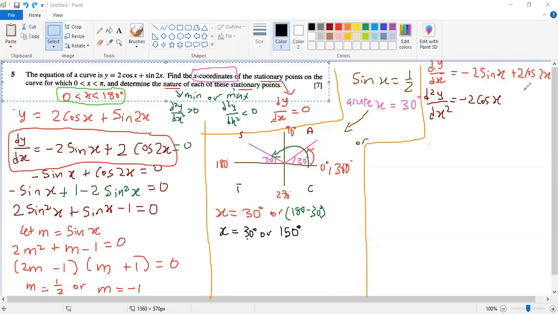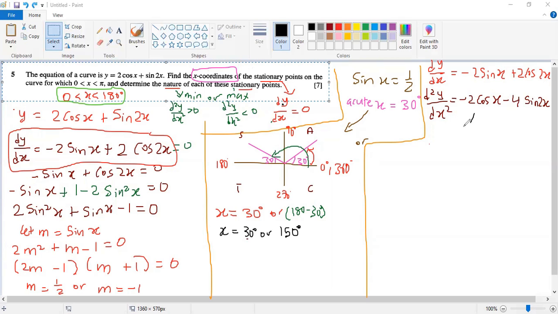Here you differentiate, cos becomes negative sine. So there's a negative 2, then differentiate inside, 2 times 2, 4. I'm just doing it in one go. Sin 2x, negative of that, multiplied by the derivative of the inside. That's called the chain rule. Now we have this expression for the second differential.